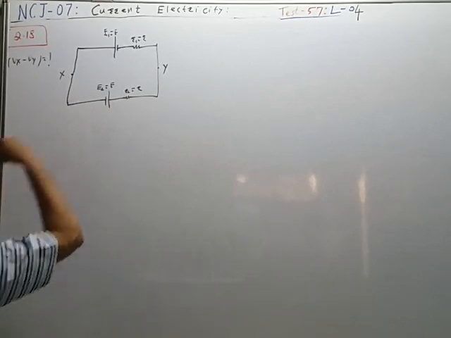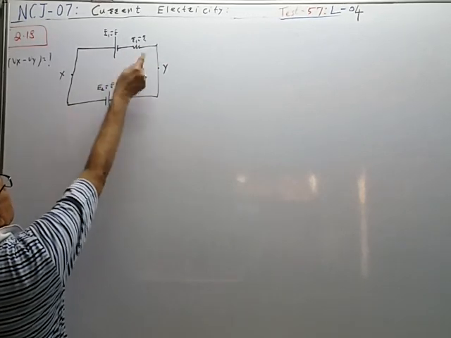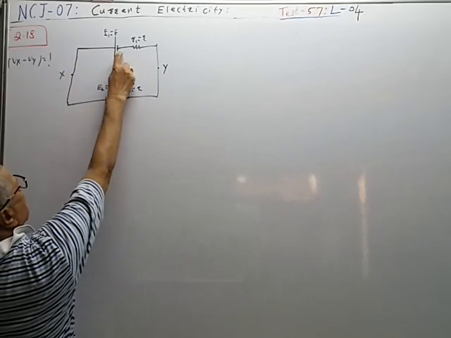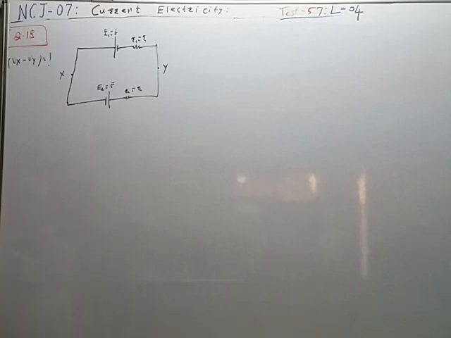So for this upper branch, the potential difference between X and Y is equal to this EMF minus this potential difference across the internal resistance like this.